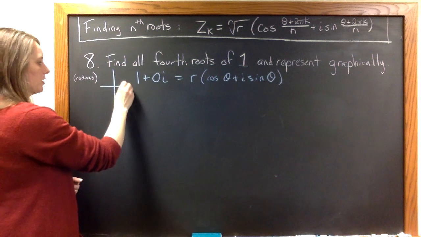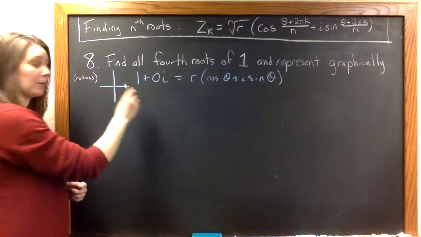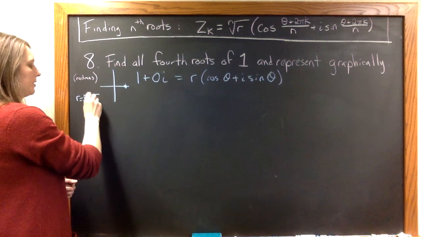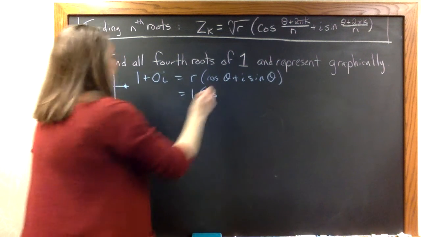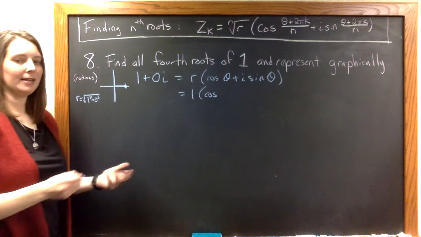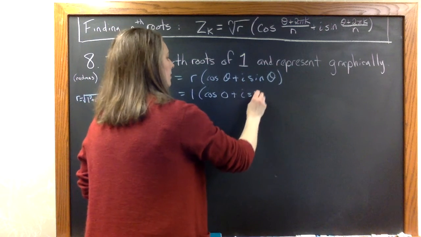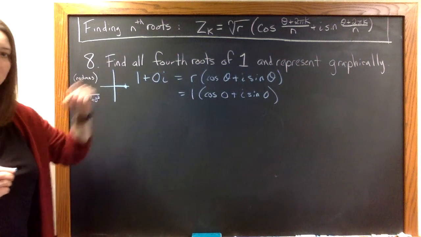We're 1 this direction and 0 up. To find r, remember r is just the square root of a squared plus b squared. So r is going to be 1. And the angle this is making, clearly that's 0. I almost wrote theta, didn't mean to. Okay, so that's what we have.